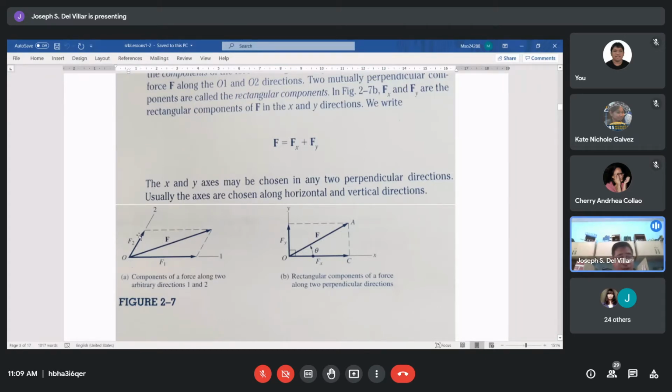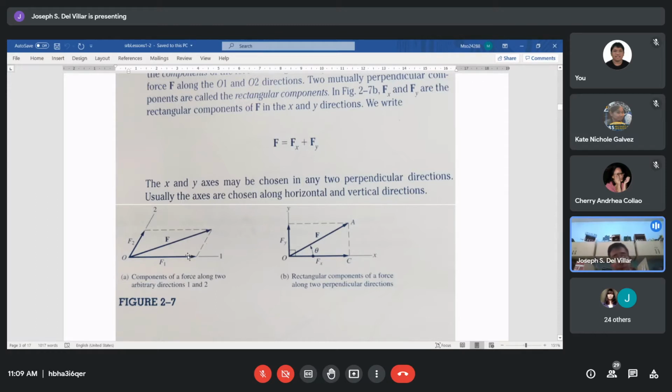As I've said, we transfer this force F2 to the head or the tip of F1, this dotted line. Then we draw a parallelogram. You have F1 and F2, so enclose them using this dotted line. So now we have a parallelogram.